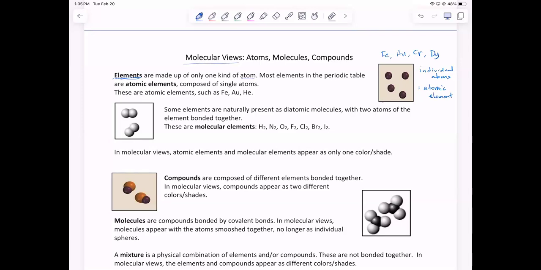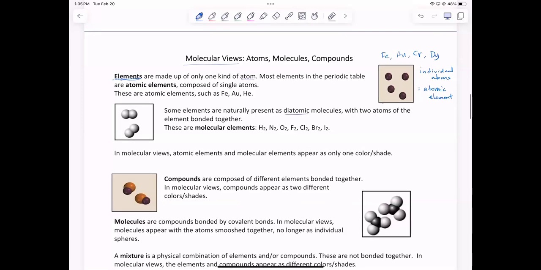Now, a few of the elements on the periodic table, just a handful of them, exist naturally as diatomic, or two atoms bonded together. And this is two atoms that are the exact same element. So notice that these individual atoms, the atomic element, are the color purple.